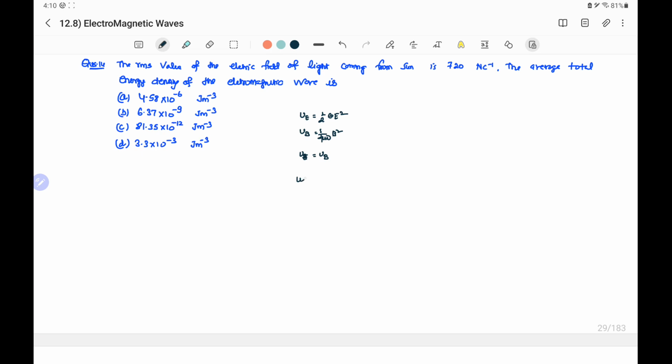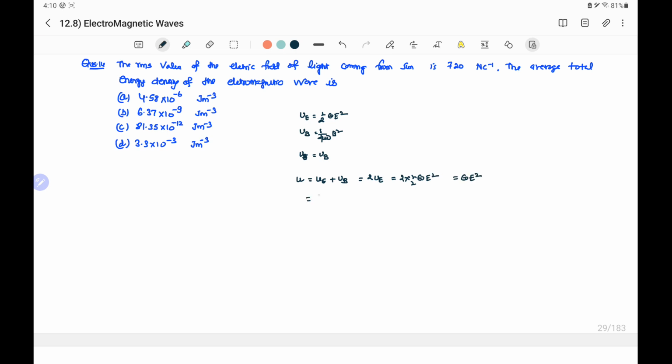So average density will be equal to the sum of energy density of electric field plus energy density of magnetic field. So it will be twice the energy density of electric field, that is 2 into half epsilon naught E square, and it is equal to epsilon naught E square.